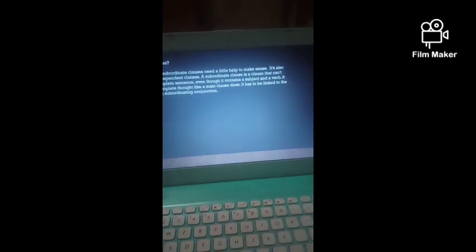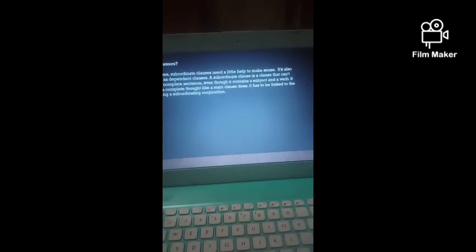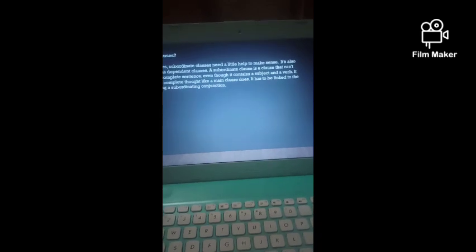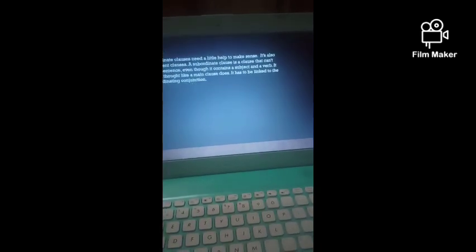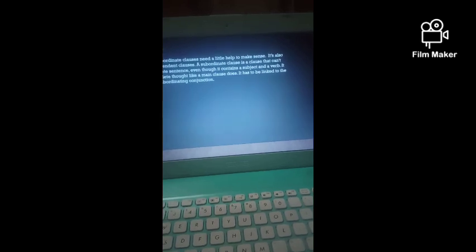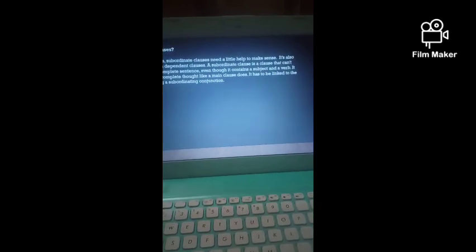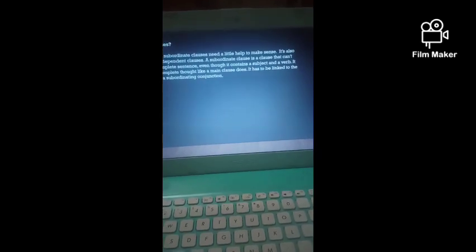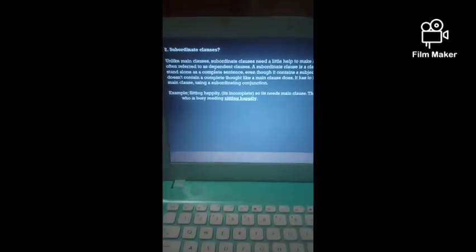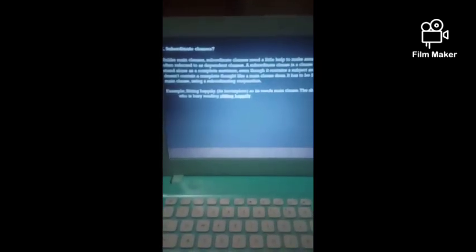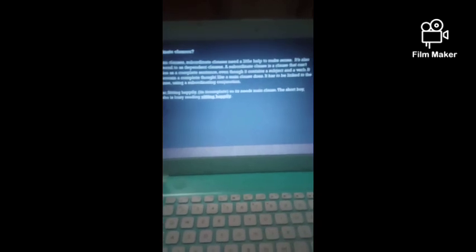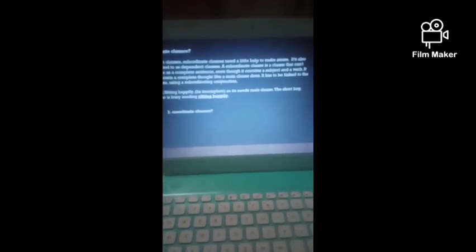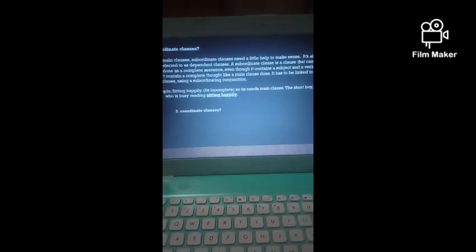It doesn't contain a complete thought like a main clause does. It has to be linked to the main clause using a subordinating conjunction. For example, sitting happily. It's incomplete, so it needs a main clause. The short boy who is busy reading sitting happily.